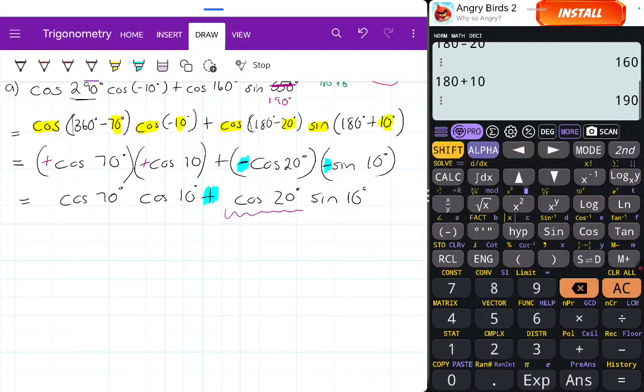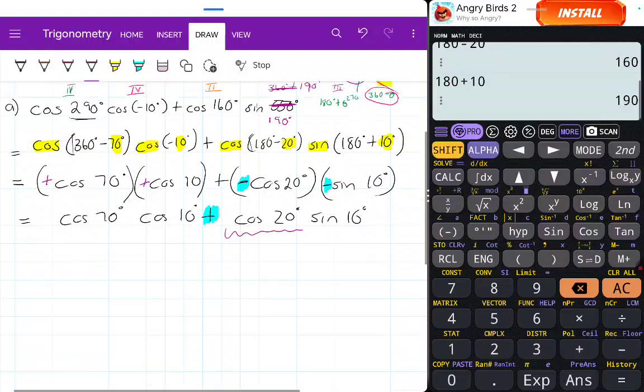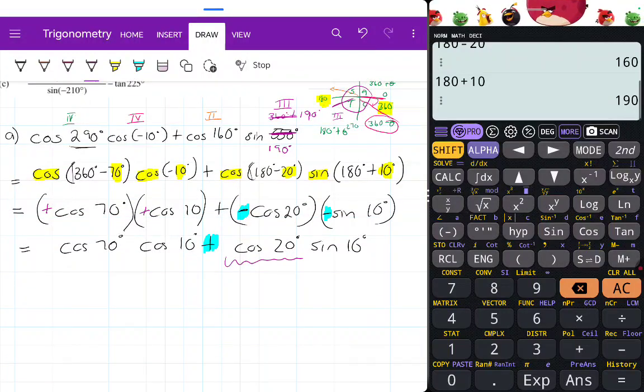So here's a question. Can you convert cos of 20 into something else? And the answer is yes. So according to our co-functions, cos of 20 is equal to cos of 90 degrees minus 70.